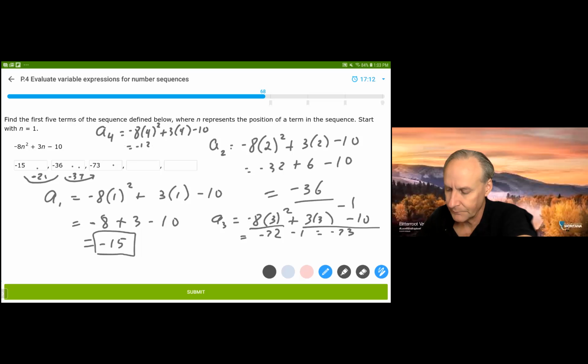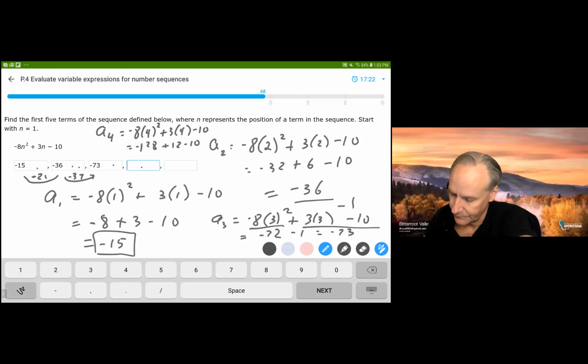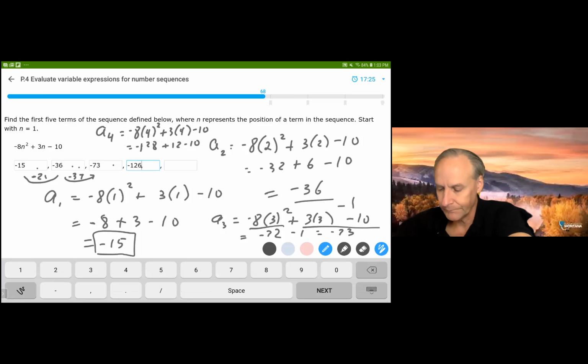And that's going to be plus 12 minus 10. So I'm really just adding 2, which is -126. That one had a change of -53.